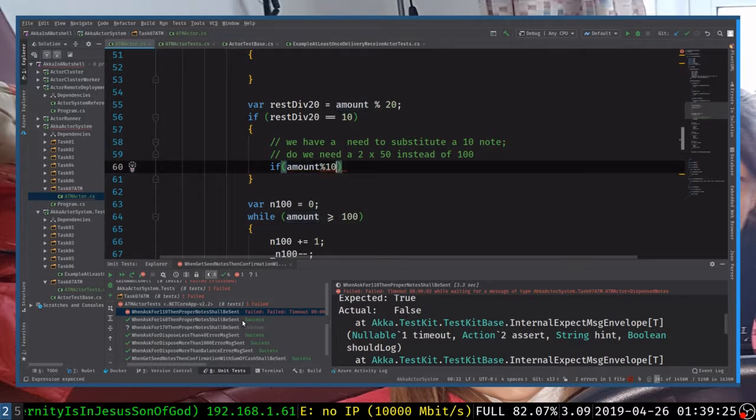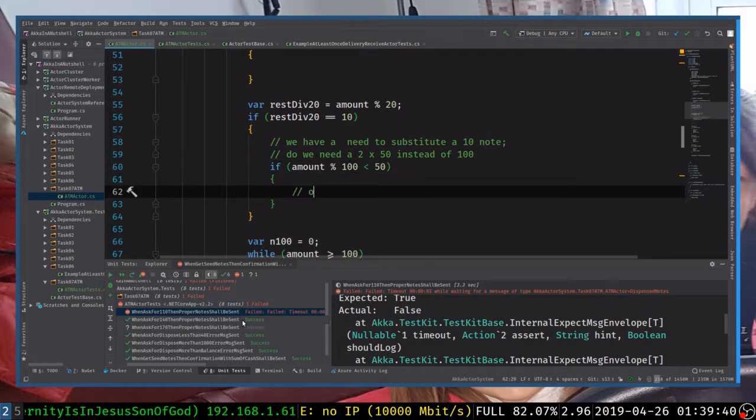Rest divided by 100 is lower than 50. Okay. We need to have 100 into 150. 150. And process.